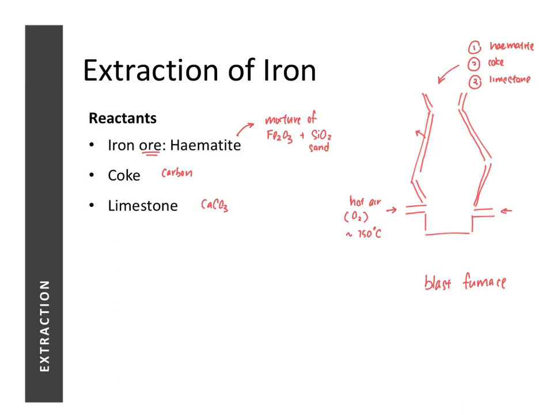One thing to note is that this blast furnace must be made of a material that can withstand very high heat, and the typical one that we use is magnesium oxide. So the blast furnace has some magnesium oxide linings.